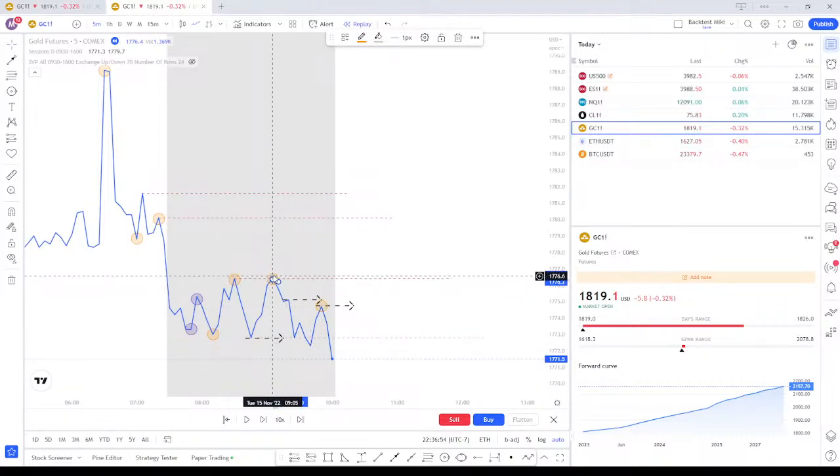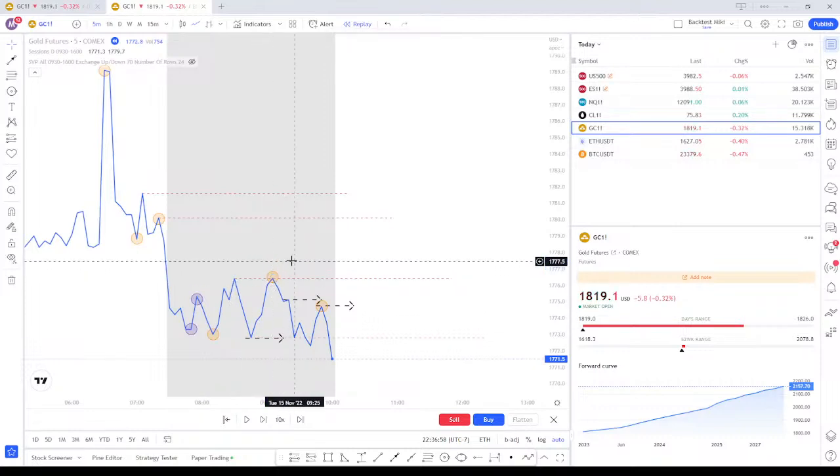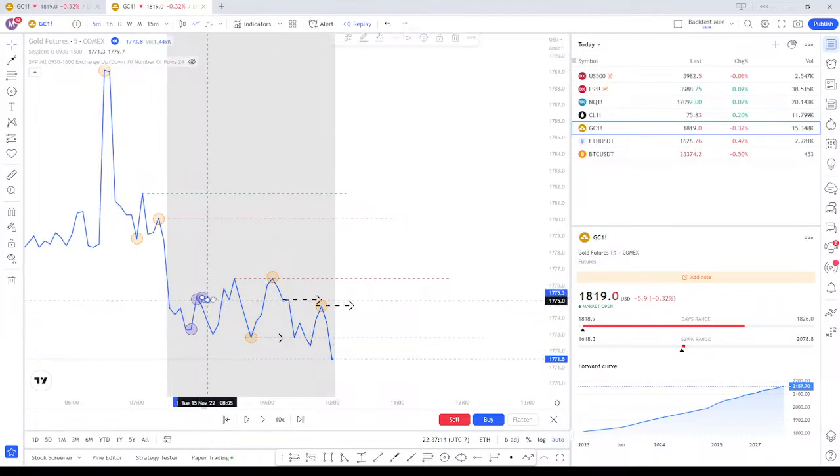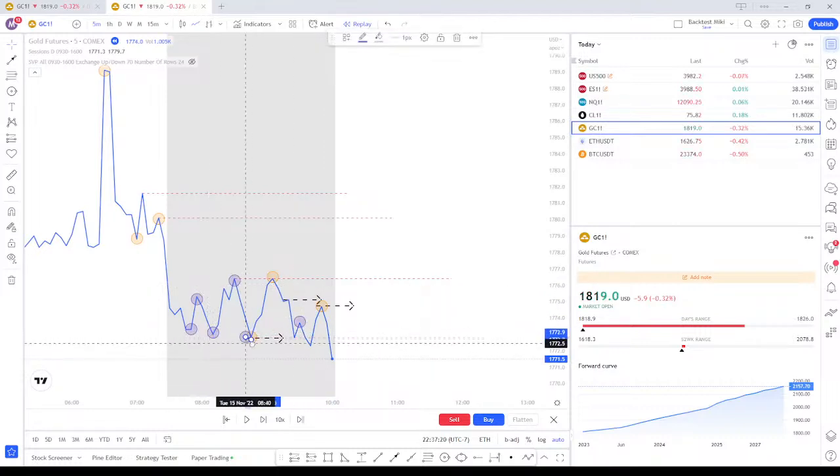Actually, this moves to this point, and this moves to this point, and then this moves, because this is the low that made this, this is the high that made this low. So we can put these here if you want to keep them in.